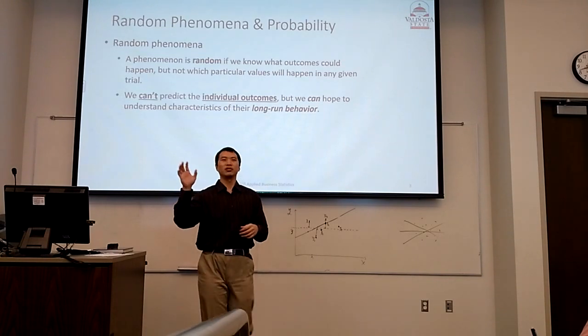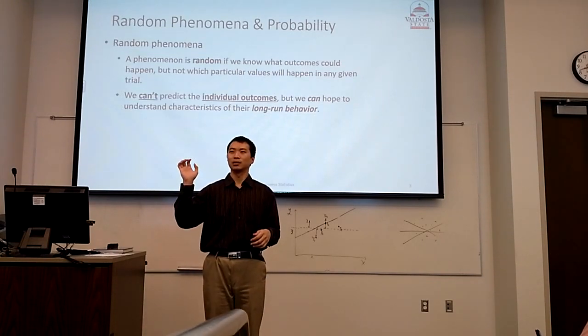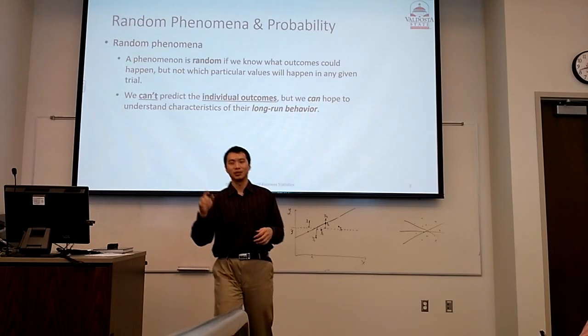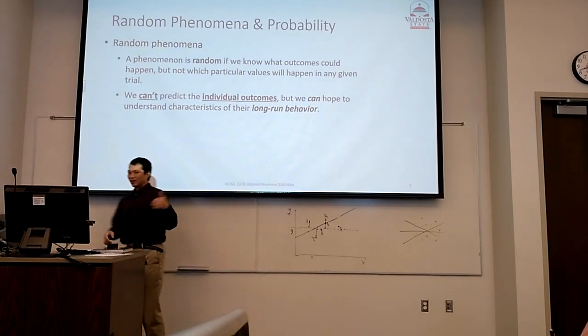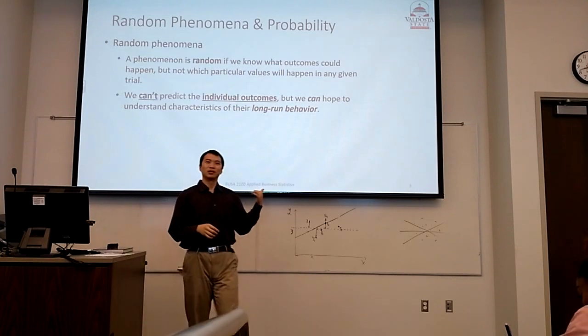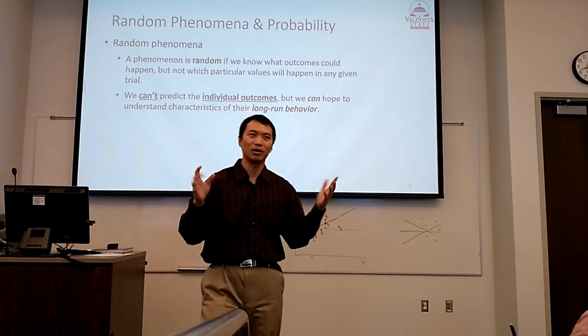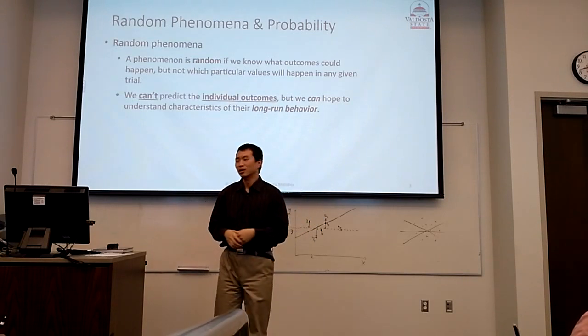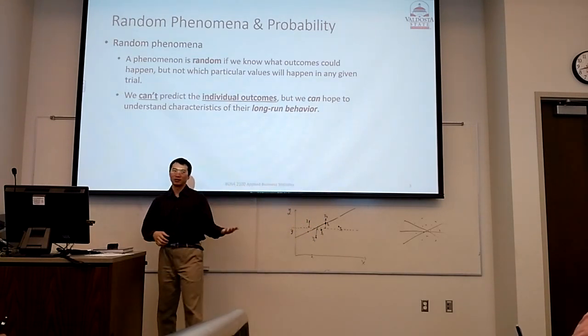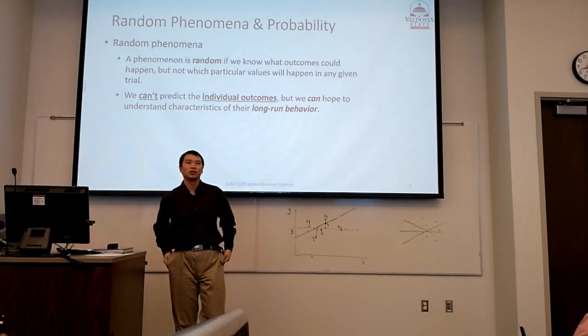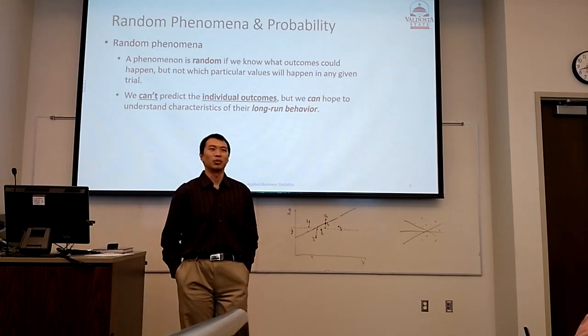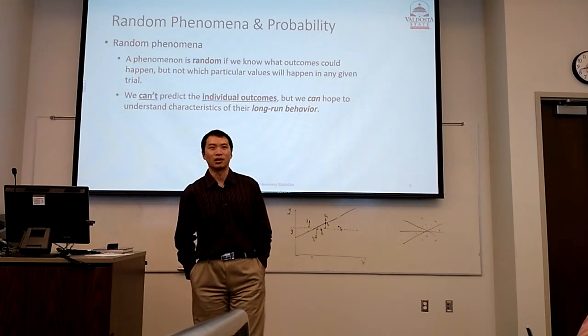How many of you buy lottery? No one? Okay. But you have heard of Powerball, right? That has a lot of money in there. You know what numbers are there, but probably you do not know what number you will get next time.